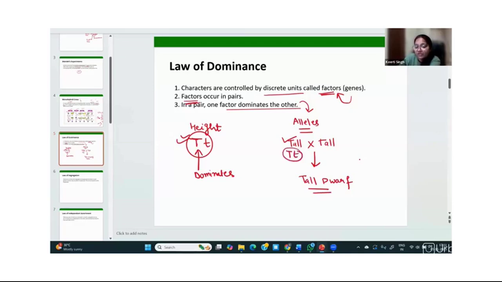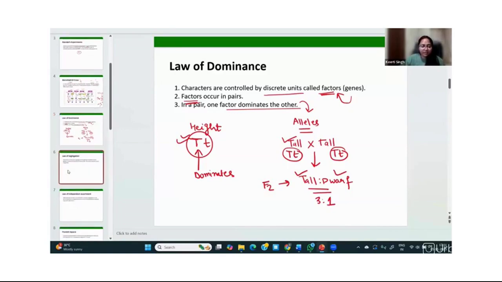This is known as heterozygous form. It means both the alleles of the same gene are not identical, right? That is why when this F2 generation is seen with two kinds of plants, tall and dwarf, in a ratio of 3:1, right? We will study about this in a more elaborate way.